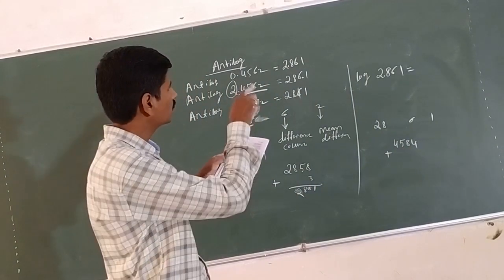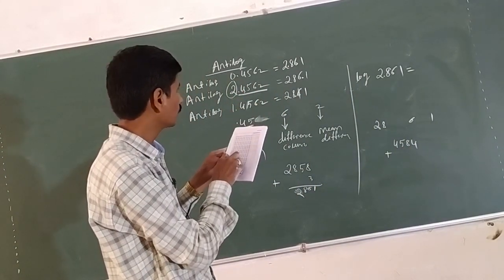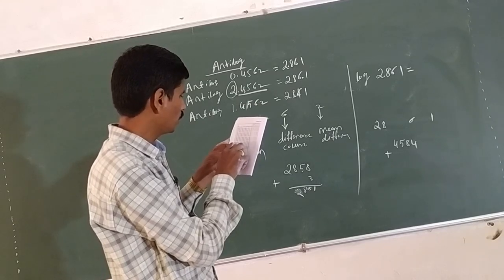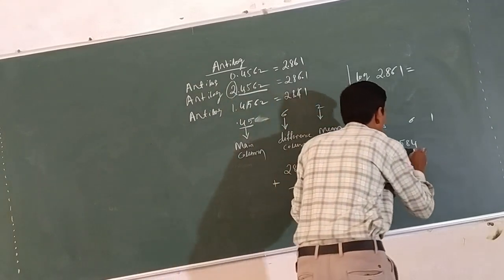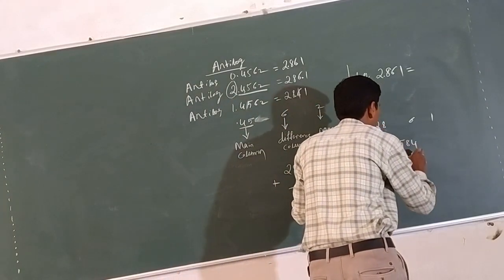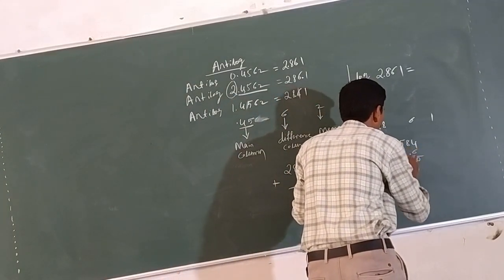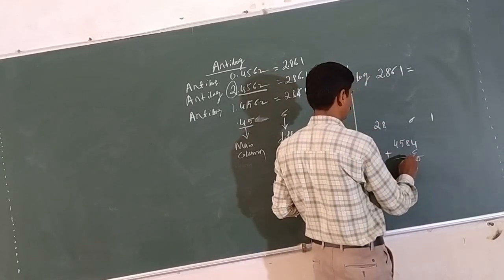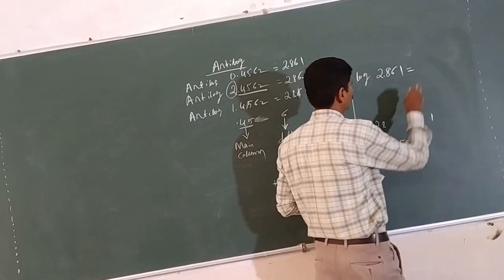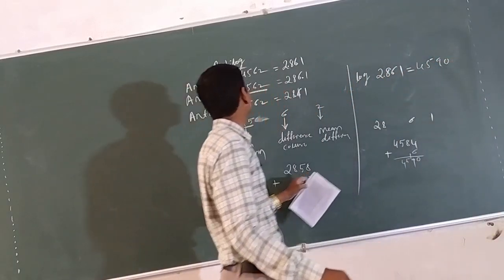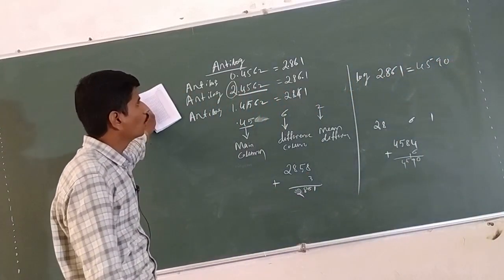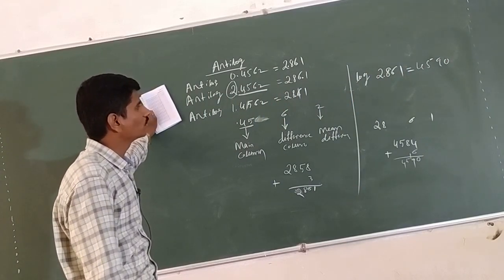4584 plus the next fourth digit, which is 1... plus 6. 4584 plus 6 gives 4590.